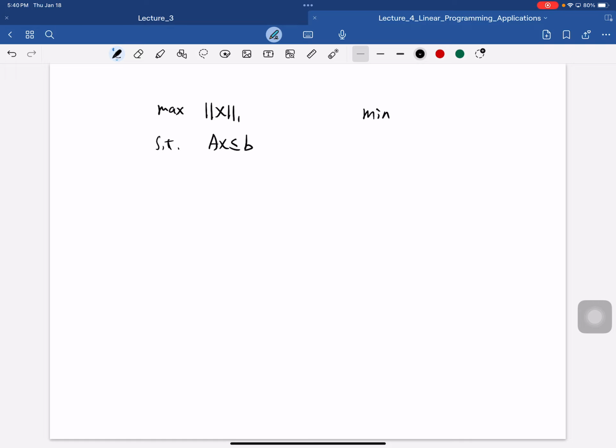We are minimizing the absolute value of x, where x is from -1 to 1. Then it's very clear that the optimal value of this problem is 0.